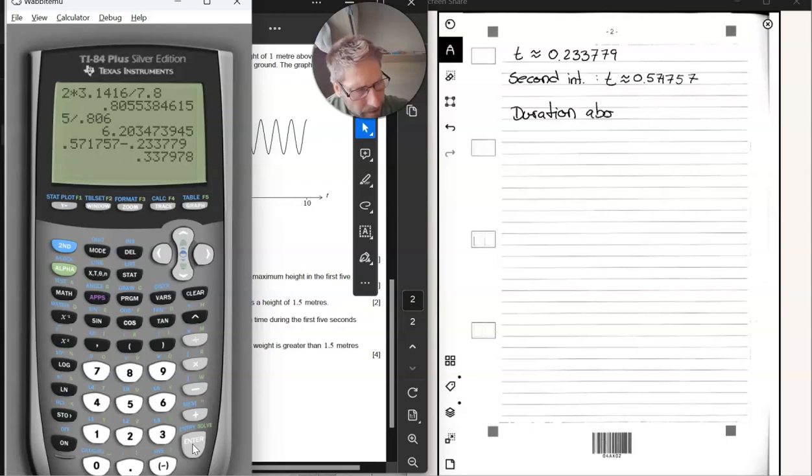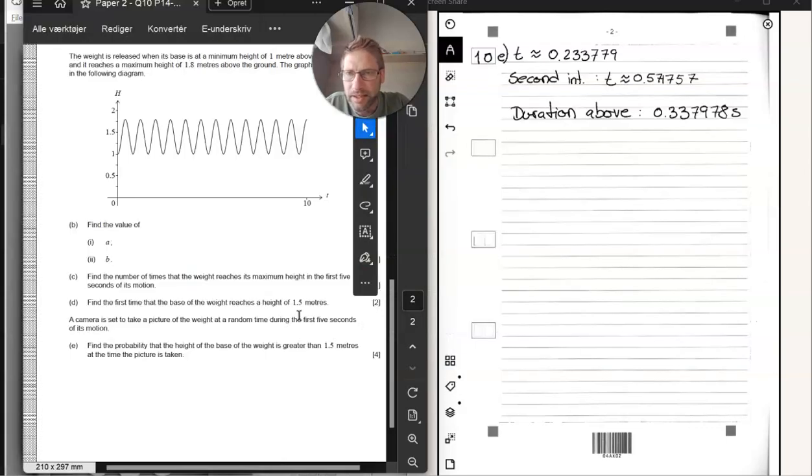above, by the way, this is question 10 still, and I'm now working on sub-question E. Duration above is the difference between these, 0.337978 seconds. That's the time interval where we are above 1.5 meters the first time.